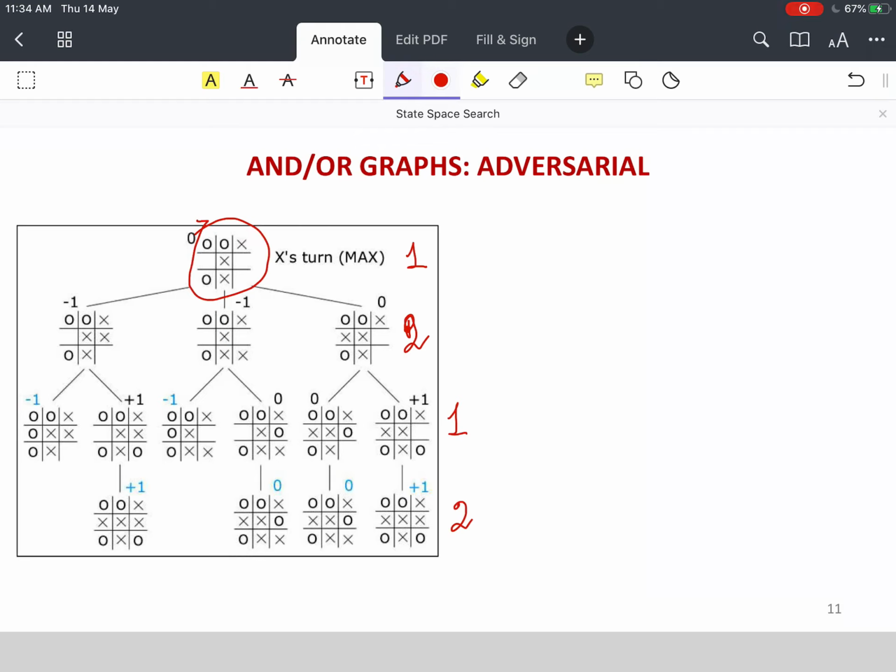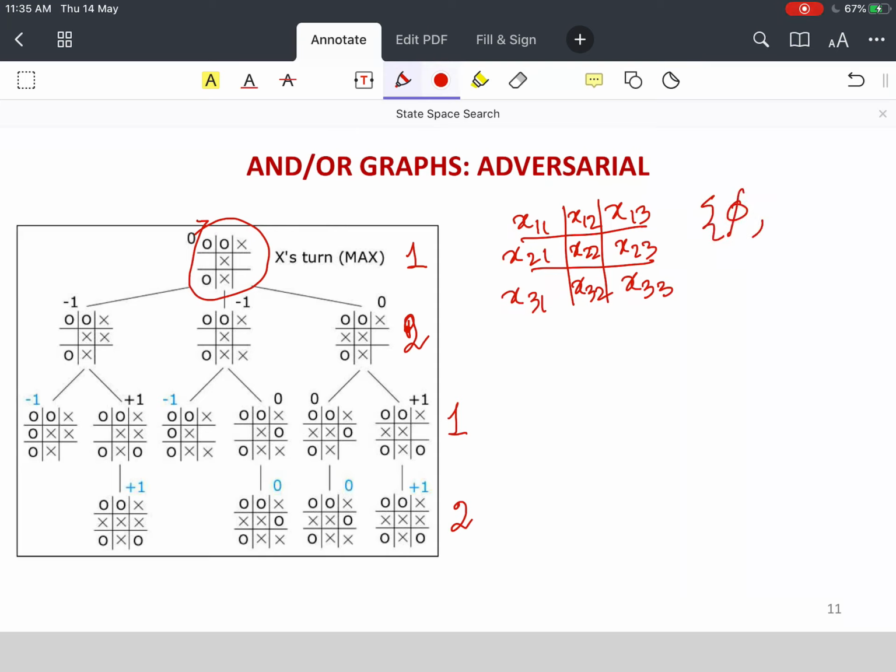So once player 1 plays, the state is defined by these 9 variables, x11, x12, x13, x21, x22, x23, x31, x32 and x33, and the domains of these variables are that it can be empty, or it can be filled by a 0, or it can be filled by a cross.